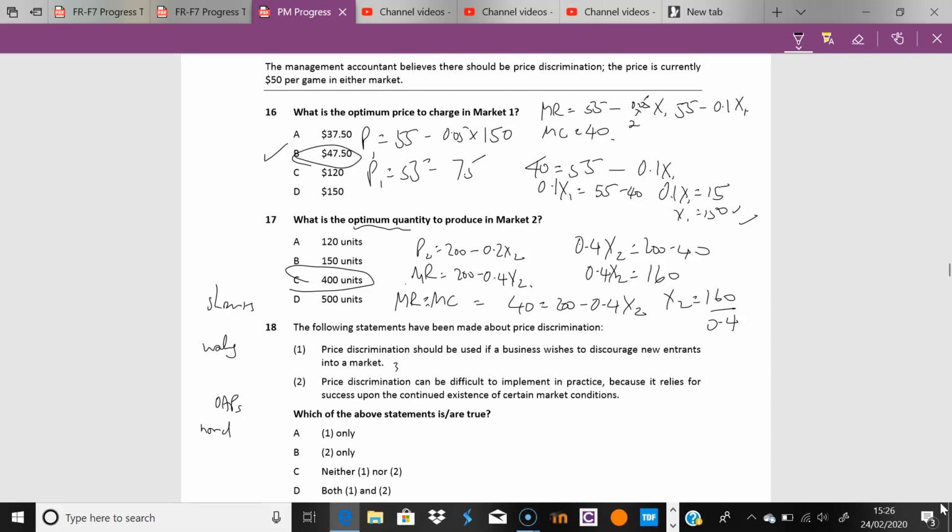It's not really the tool. But for it to be successful, we do need to rely on the continued existence of certain market conditions. These markets can't cross into each other, otherwise people would be able to buy the product at the lower price.